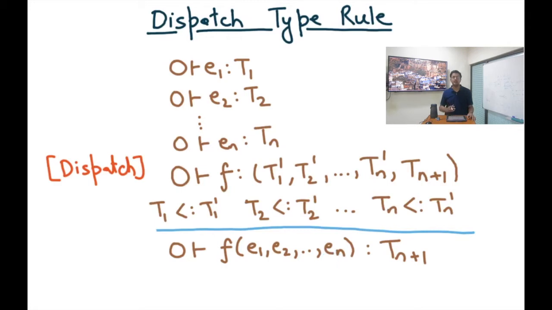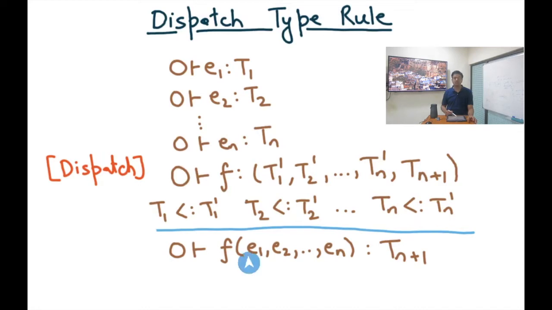They can be subtypes of those formal argument types, right? So e1, e2, en represent actual arguments, and the actual arguments can have a type that is a subtype of the type of the formal arguments. So that's what it represents. So e1 has type t1, and t1 can be a subtype of t1 prime. T1 prime is the type of the first formal argument.